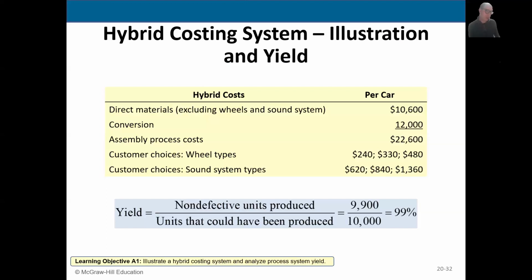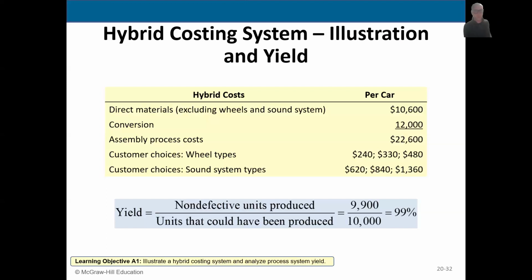In this example, we're looking at the assembly process to build a car. A car costs $22,600 per car to produce, depending on, of course, any type of customizations that the customer is looking for. If a customer decides they want a different wheel type, there's a package for those. Sound systems, there's a package for those. So the customer selects, based off of their overall desired needs.